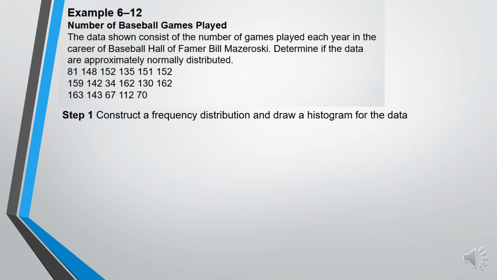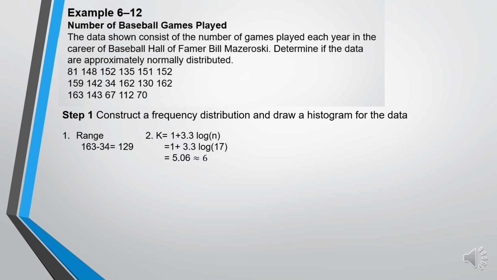Step 1. Construct a frequency distribution and draw a histogram for the data. So first is to find the range, where range is equal to the higher value minus the lower value, wherein the higher value is 163 minus the lower value, which is 34. So it is equal to 129.